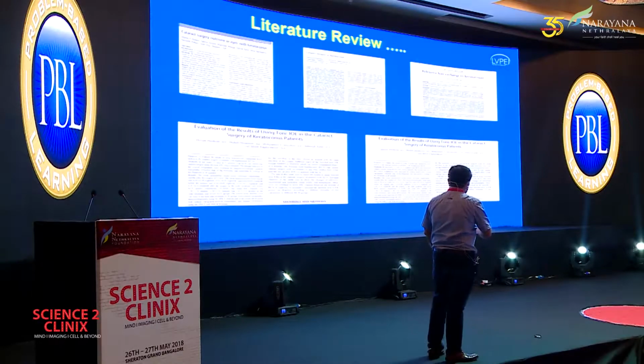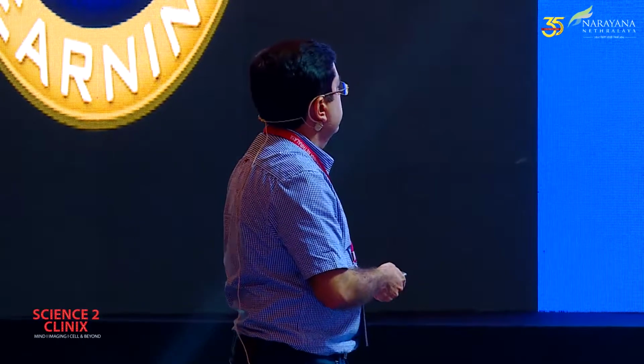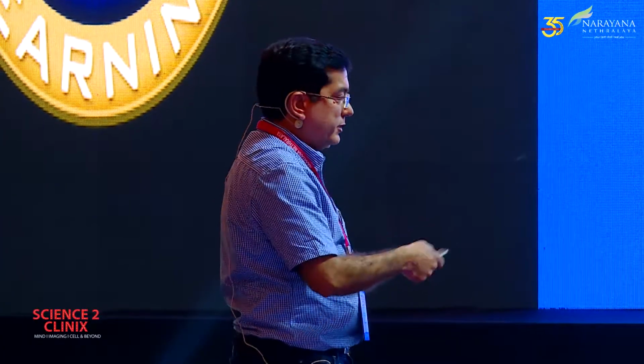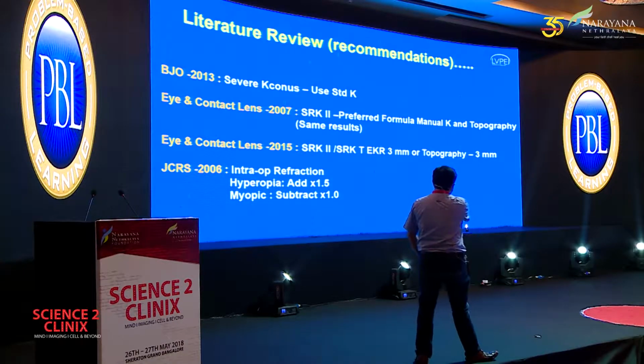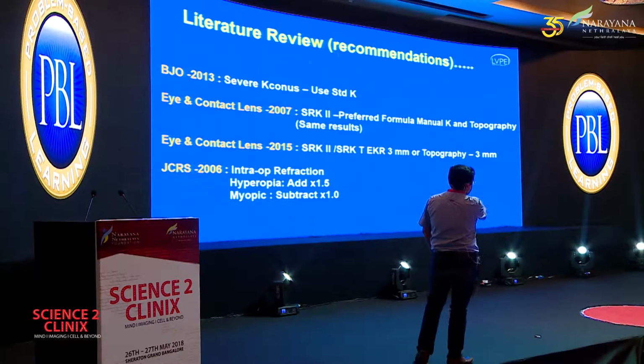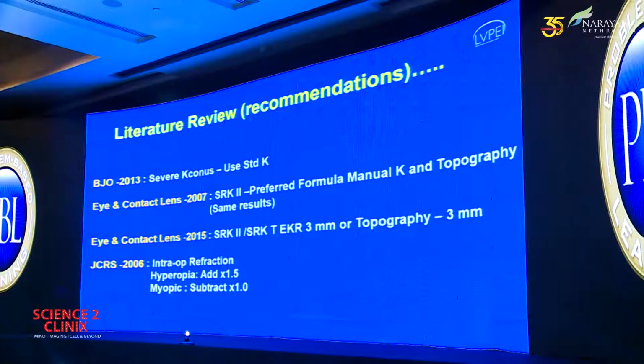So we searched the literature as to what should be done for this, and there is not a lot of literature, but some work has been done on it. If I have to collate what the literature says, the BJO article shown here says if you have a severe keratoconus beyond 55 K, you should use a standard K of 44.